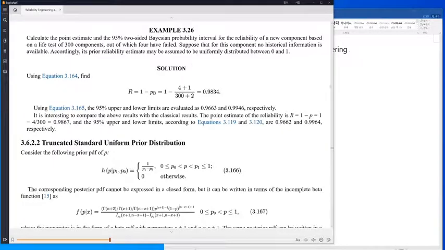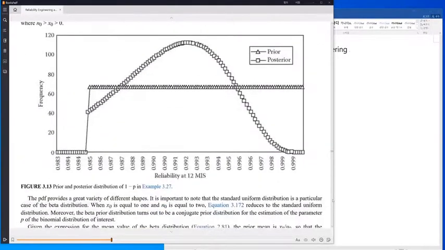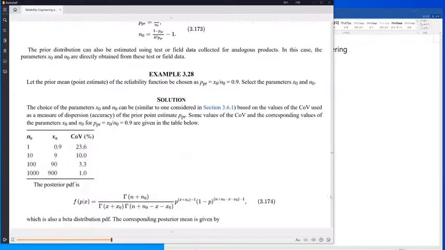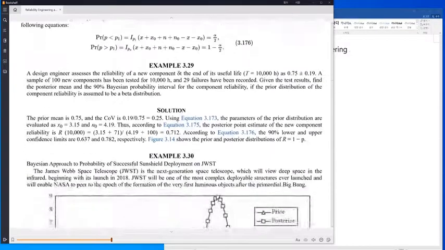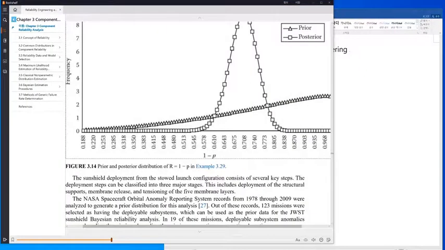Of course, that Bayesian process is in this case applied to a continuous probability density function, but the theory for Bayesian estimation may be too complicated for undergraduate courses, so this will also be skipped, and we are going to move on to chapter 4.